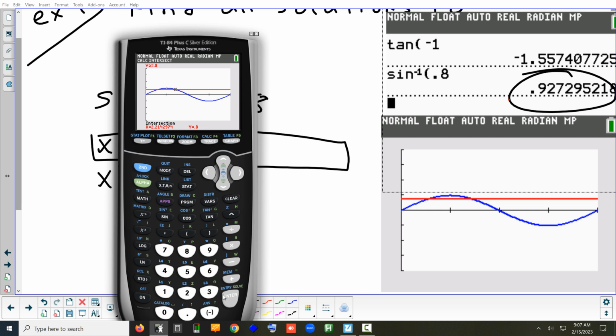Calculate the intersect, and it is 2.21. So even though the calculator only gives me one answer, there is a way to get the second answer from the first answer without using a graph. The way that I use, to subtract this number from pi, that's something I'm going to teach you in 7.6. For now, we're going to do it graphingly, or using the graphing calculator. Okay, so 2.21.